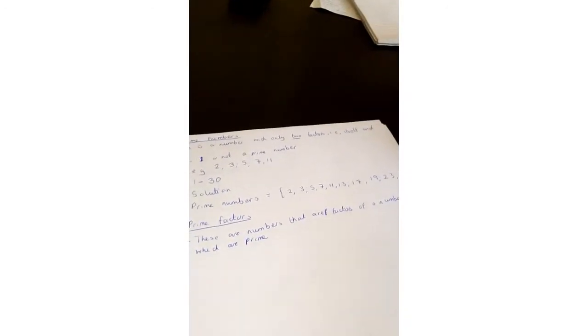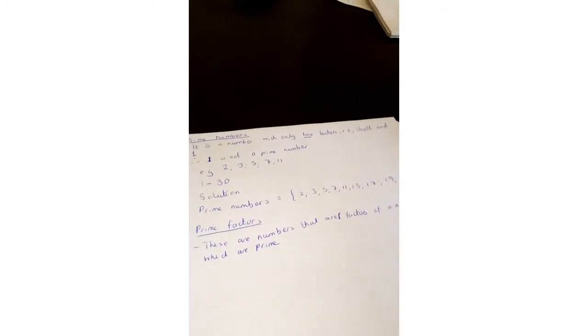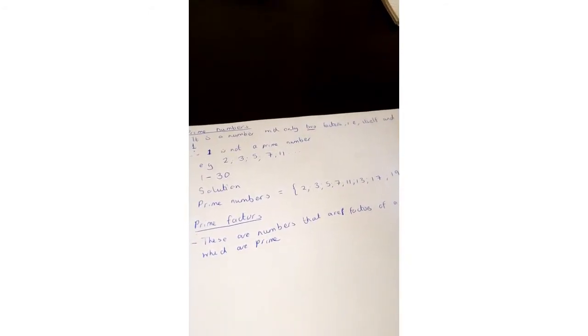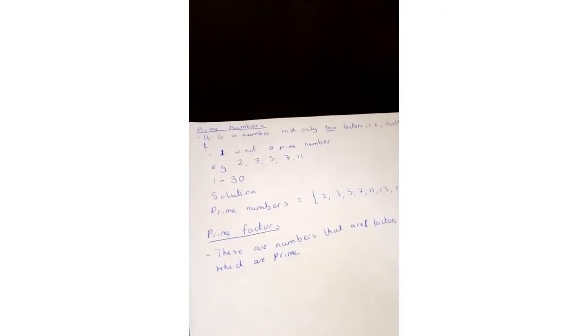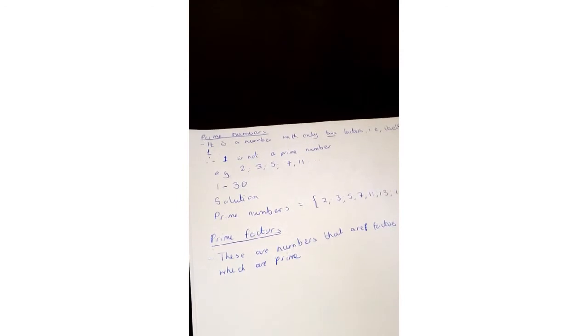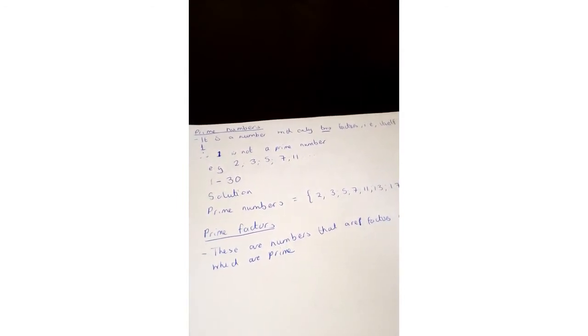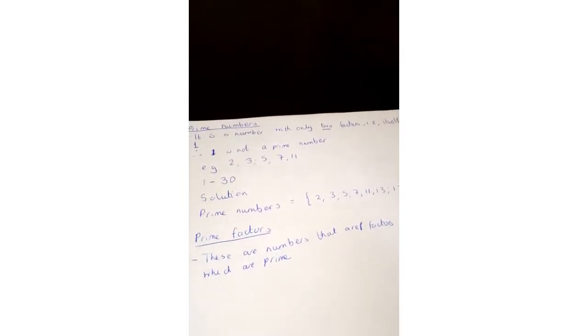So prime factors are factors of a number that are prime. So if a number is a factor of a number and it is also prime, then it is a prime factor. Therefore, it is possible to write every non-prime number as a product of its prime factors.